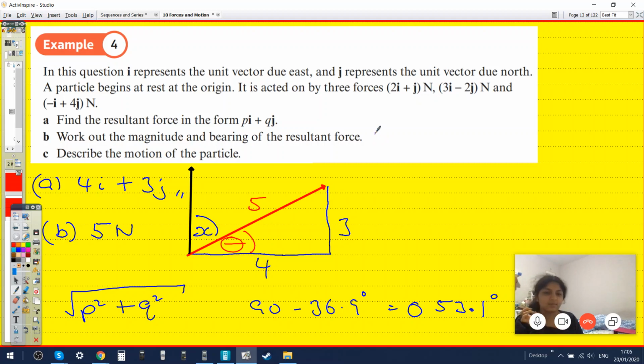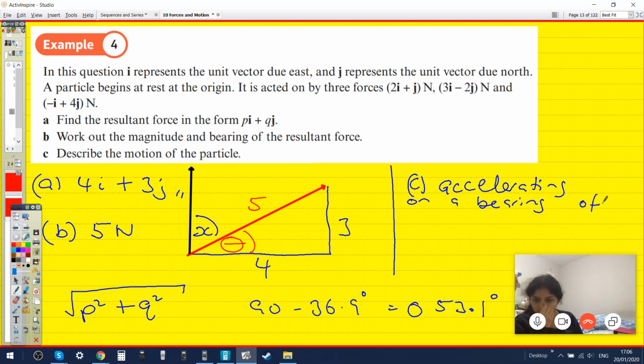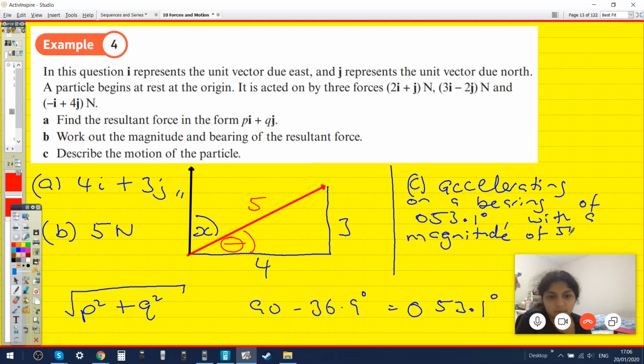Let's see. Part C, describe the motion. It's going 4 units across and 3 units up. I'm going to say it's accelerating on a bearing of 053.1 with a magnitude of 5 newtons.